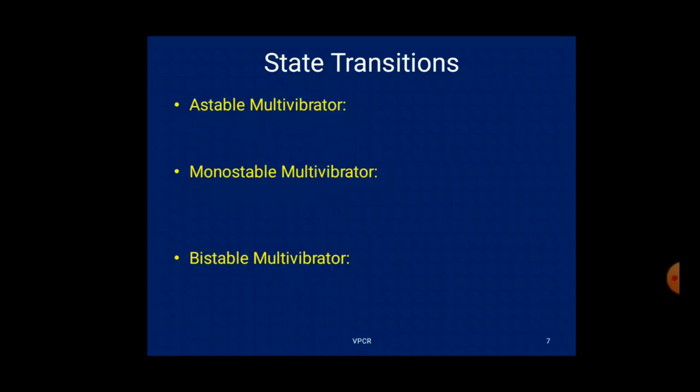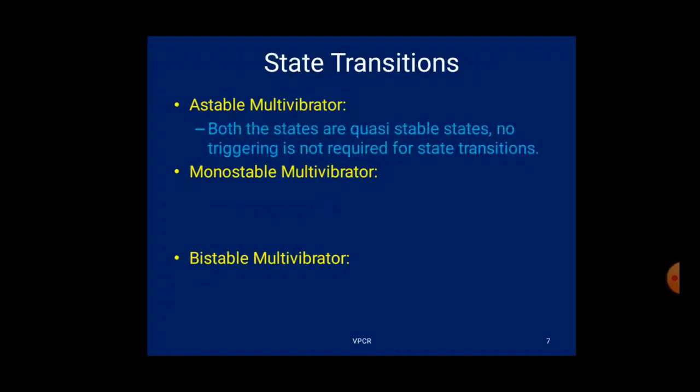In astable multivibrator, both the states are quasi stable states. So whatever the state 1 and state 2, both are quasi states. That means the circuit will not stay in state 1 permanently. After a particular time, it will go to state 2, and state 2 is also a quasi stable state, so the circuit will not maintain state 2 permanently.